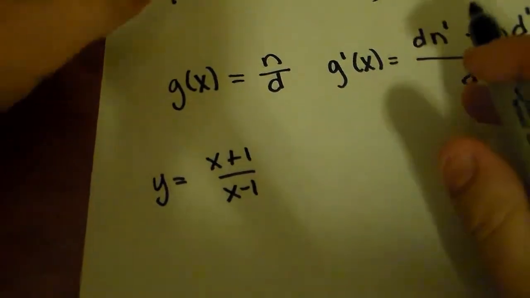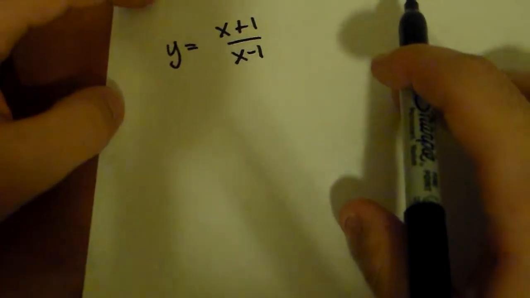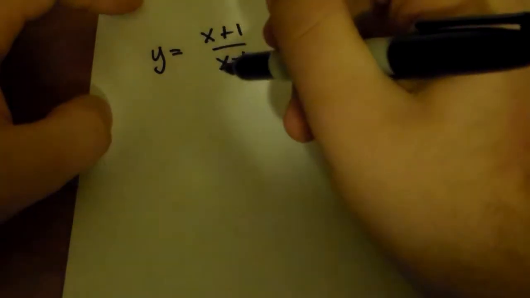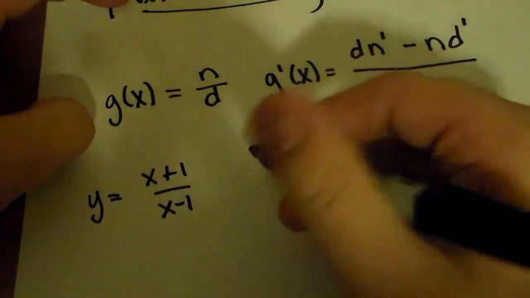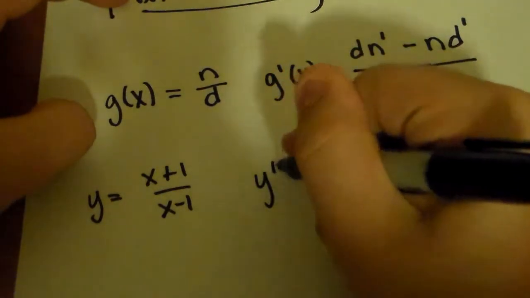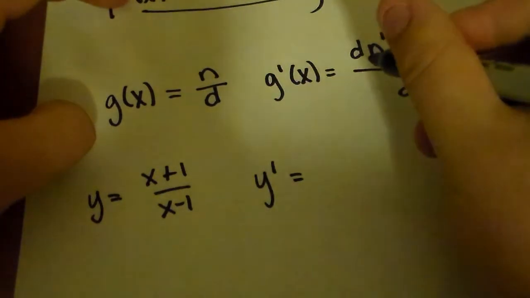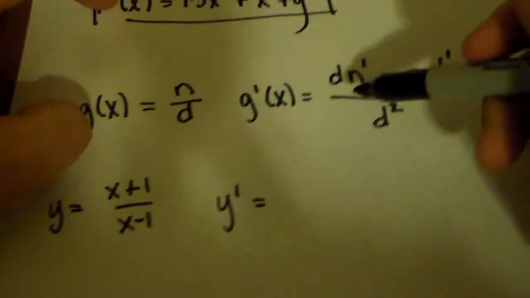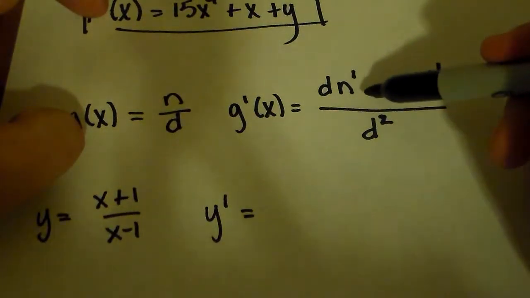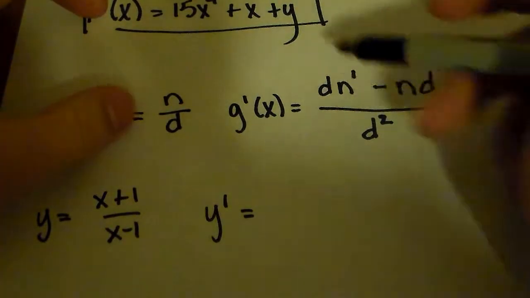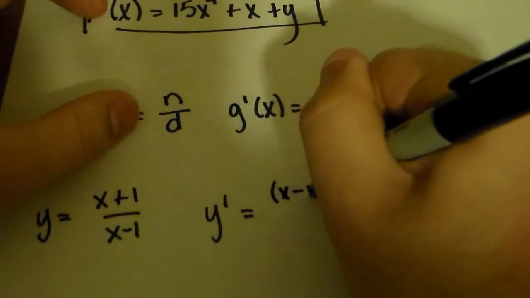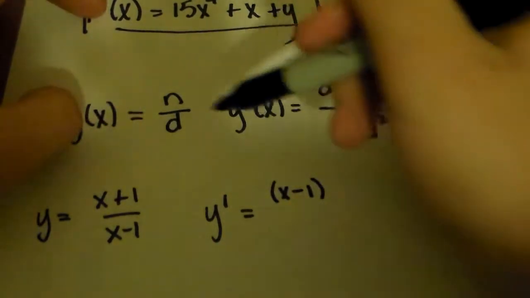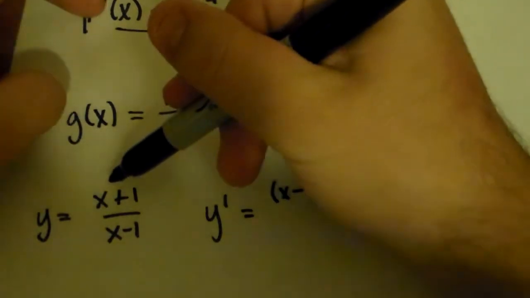So let's do this problem, which would be y equals x plus 1 over x minus 1. You might see this in a calculus textbook. So we're going to do y prime equals, the denominator times the derivative of the numerator. So we're going to do x minus 1 times the derivative of the numerator.